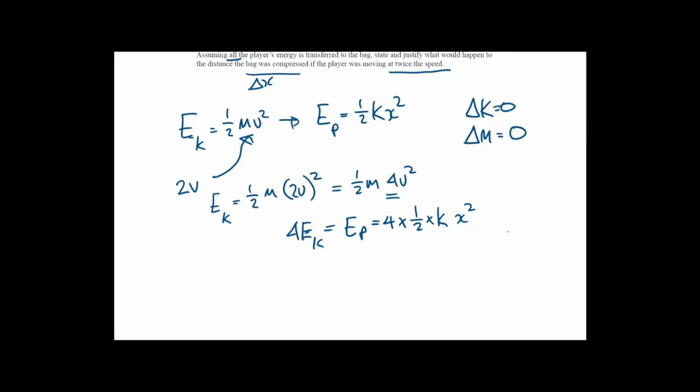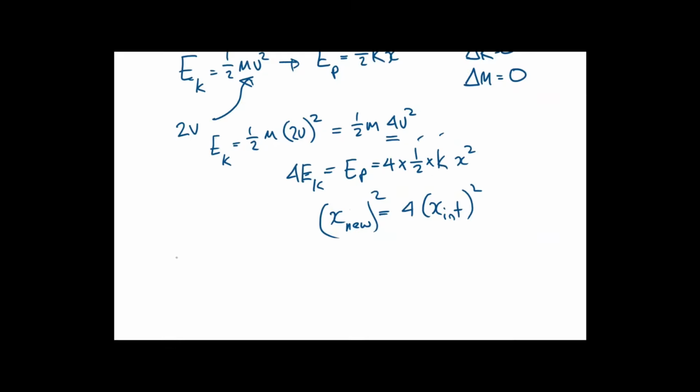Because half is constant and k is a constant, the new amount that is being compressed must be 4 times the initial compression. Okay, let's set these to the EP before and the EP after.